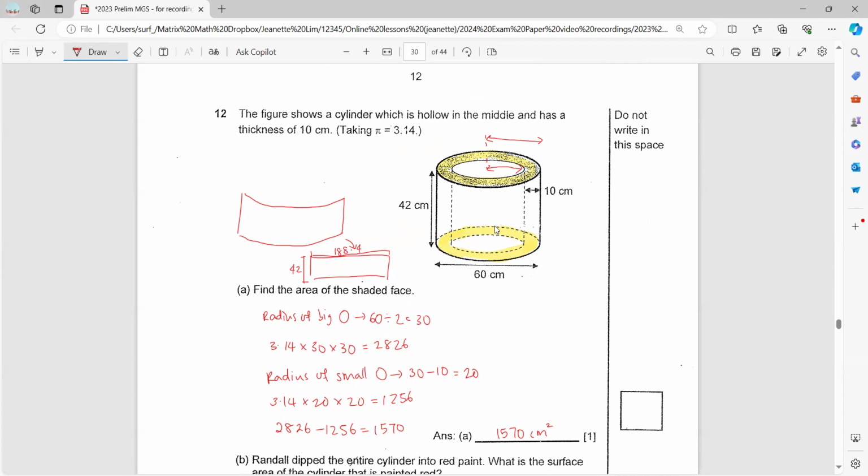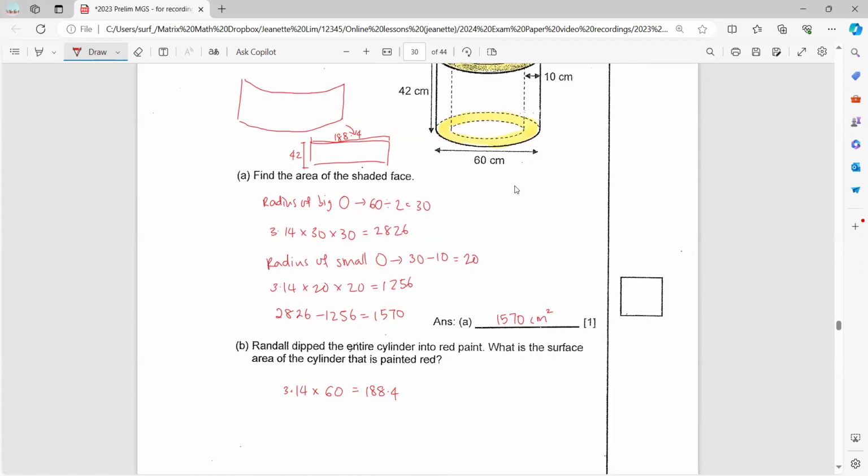Then multiply by the breadth. This will give you the outer curved surface area. 188.4 times 42, 7912.8.